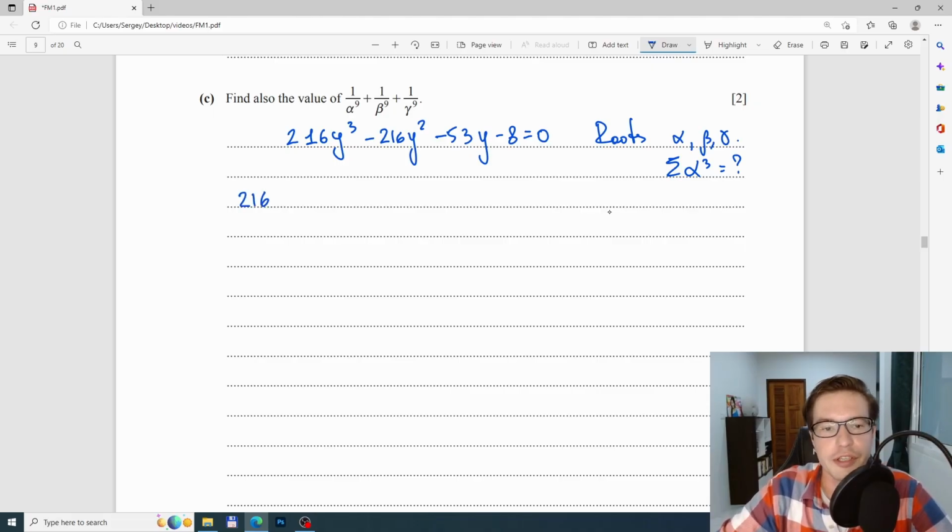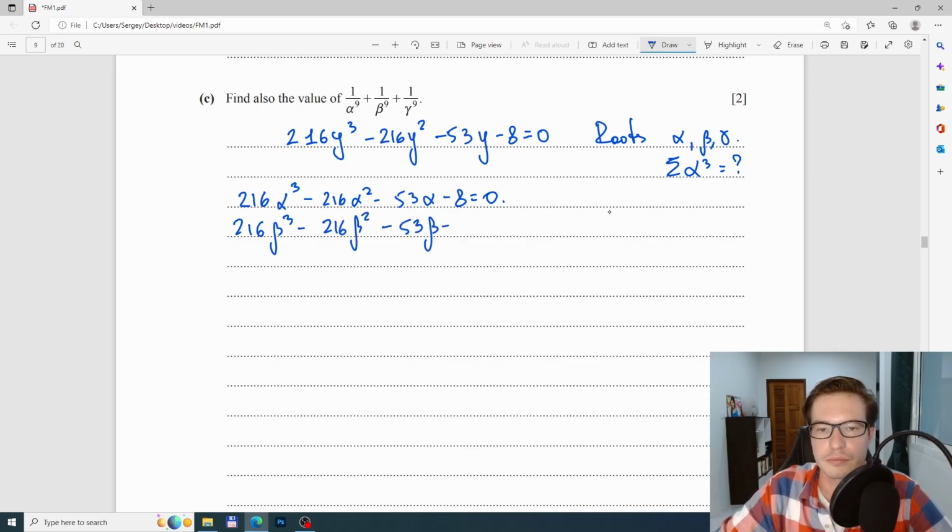So I have 216 alpha cubed minus 216 alpha squared, and so on and so forth. And I can do the same with beta as well, and similar stuff with gamma. And now I can add up all these equations together.